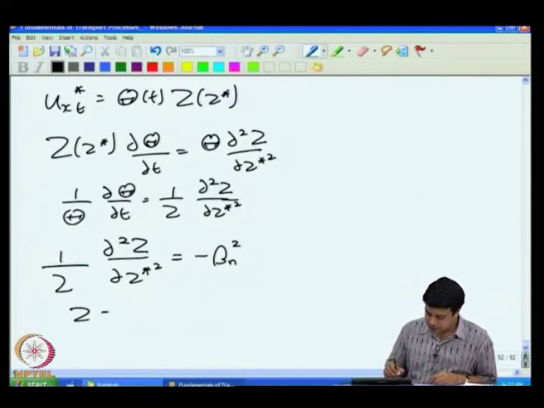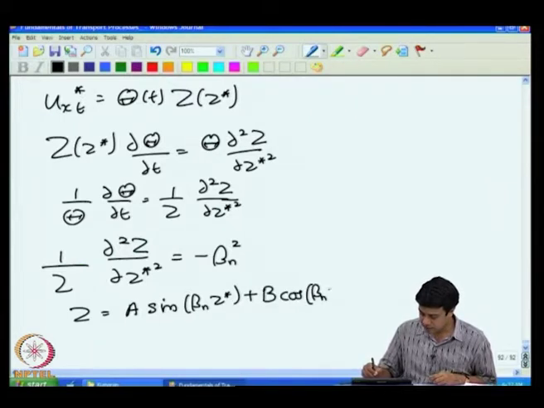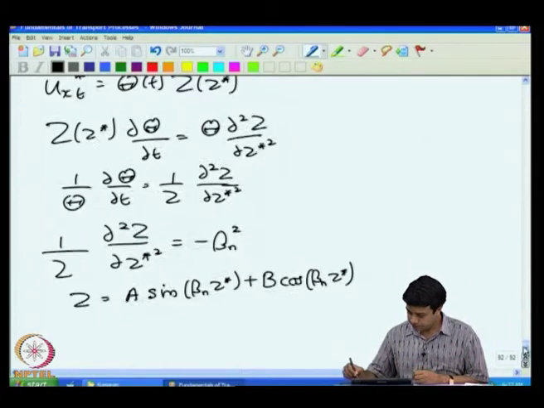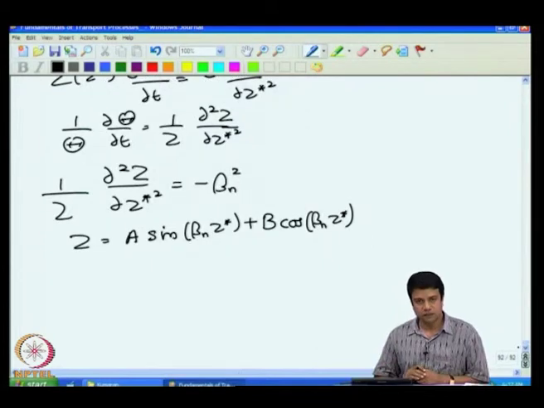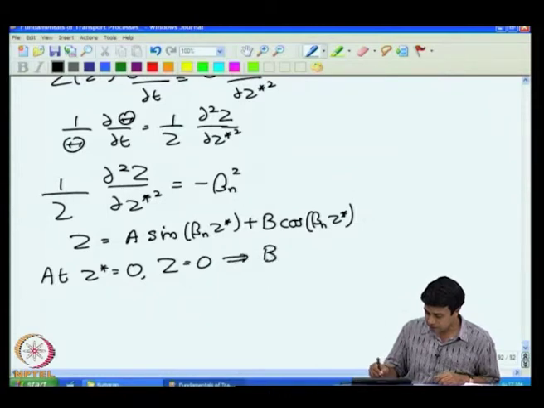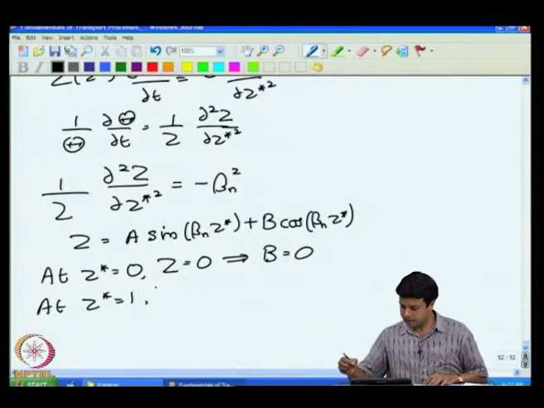That means that Z is equal to a sine beta n z star plus b cos beta n z star. And then I have the boundary conditions on the velocity. At z is equal to 0, capital Z is equal to 0, which means that b is equal to 0.